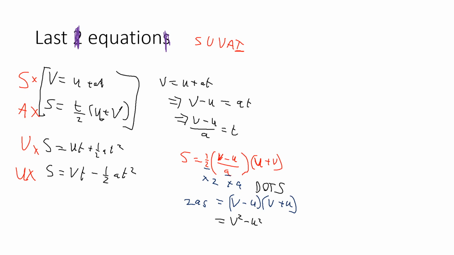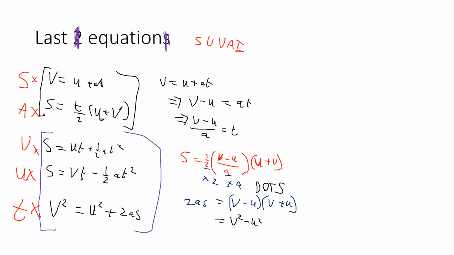And so our final equation without time is v squared is equal to u squared plus 2as. And that is your 5 SUVAT equations. No memorizing needed.